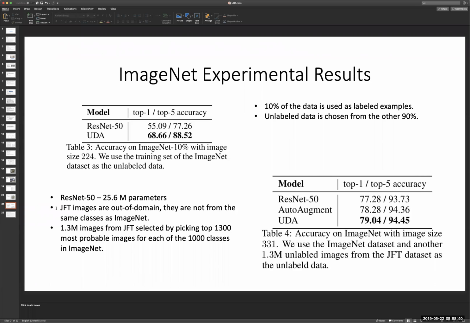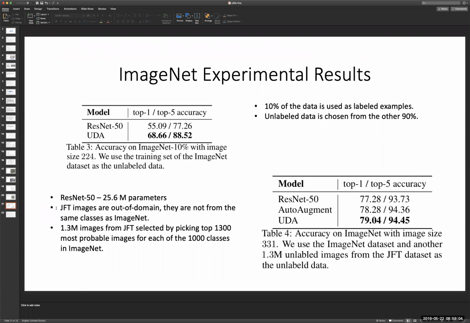So we want to bring a portion of those into our unsupervised method, and we're going to do that by picking 1,300 of the most probable images for each of the 1,000 classes in ImageNet.